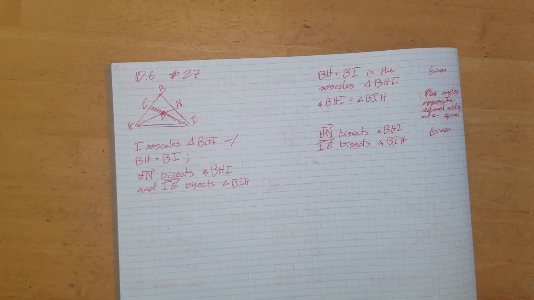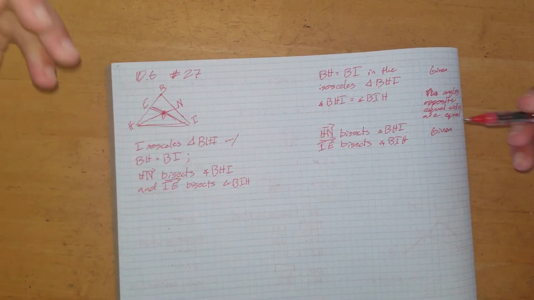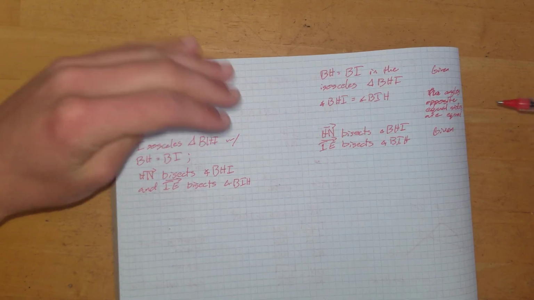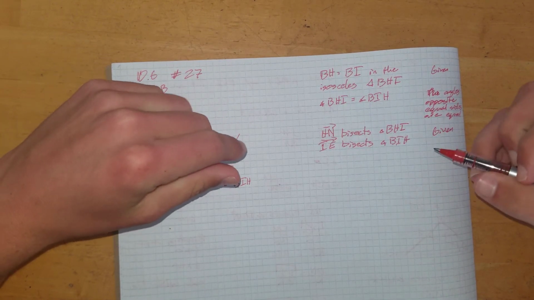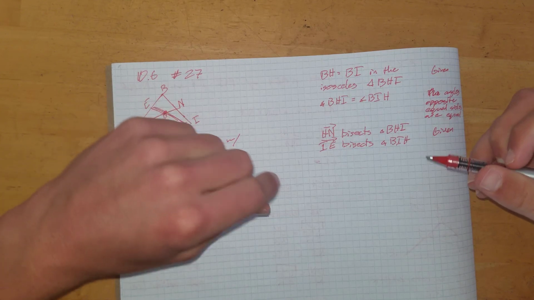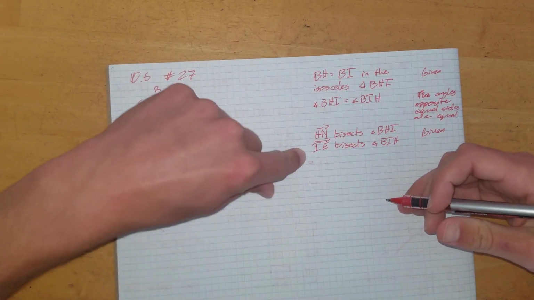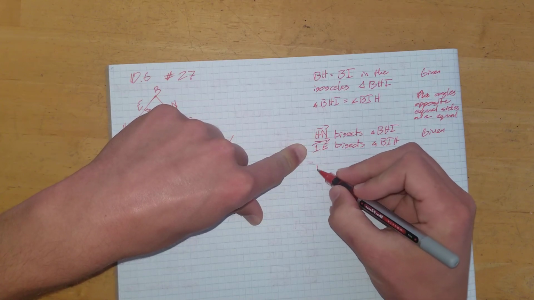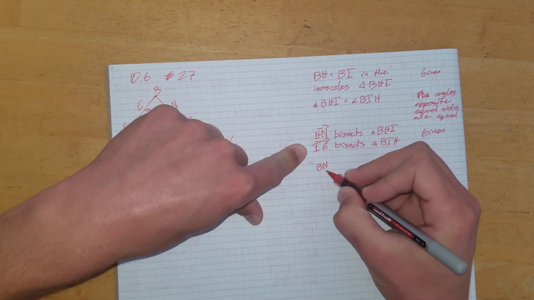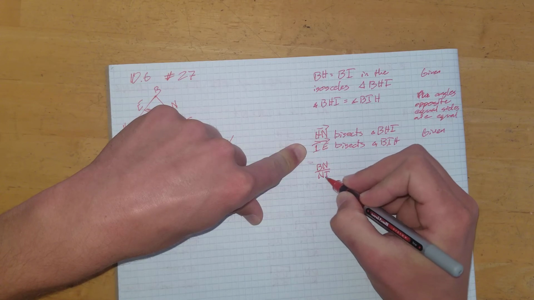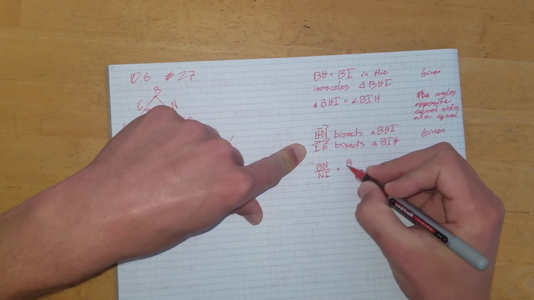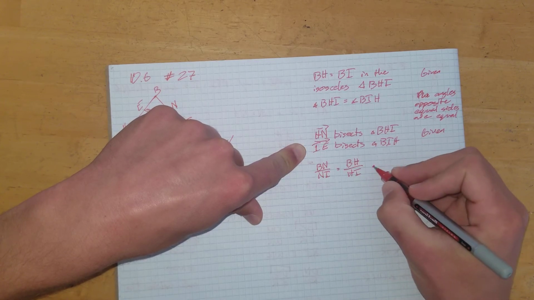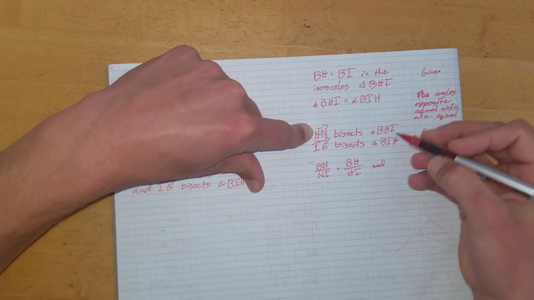Okay, so again, we are dealing with bisecting and trying to show triangles similar, so we are probably going to use the bisector theorem for this one. So based off of this, we know that BN over NI equals BH over HI. And so that's for this one.